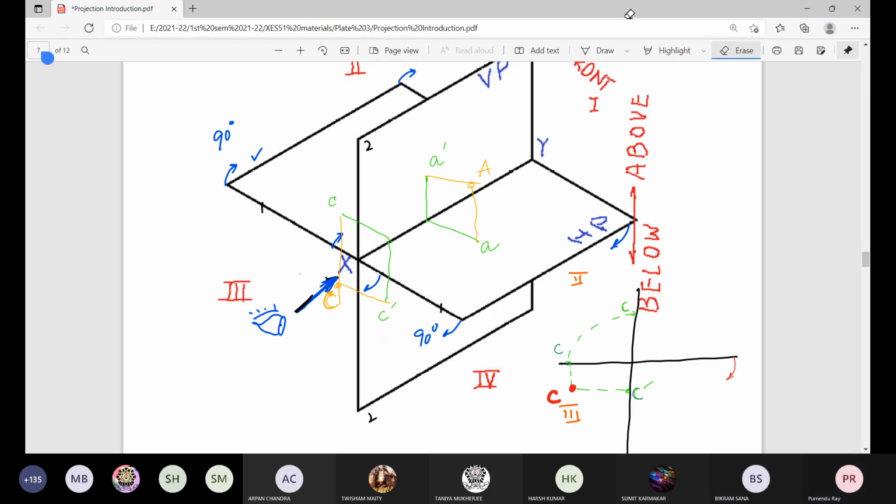So that is the way of representing the comparative scale, that is the same object distance represented in two different length measuring units. That's all.